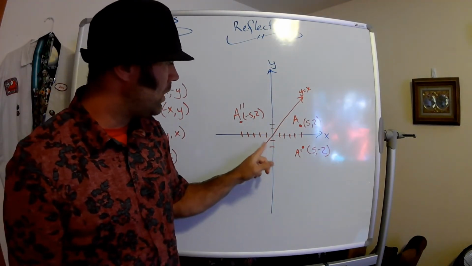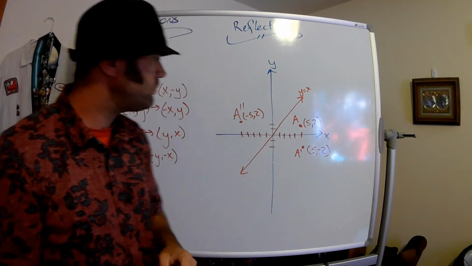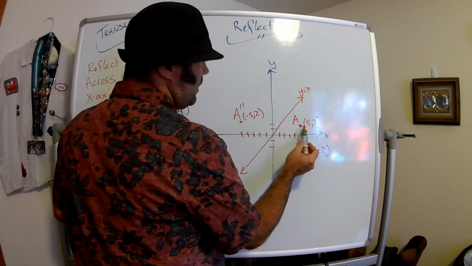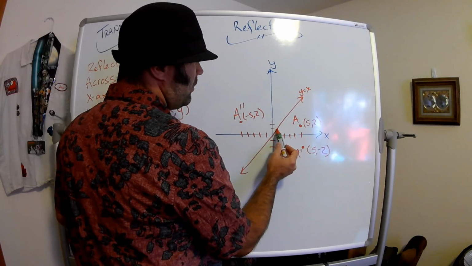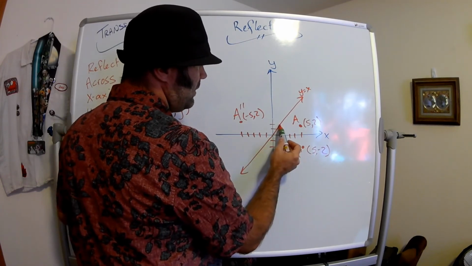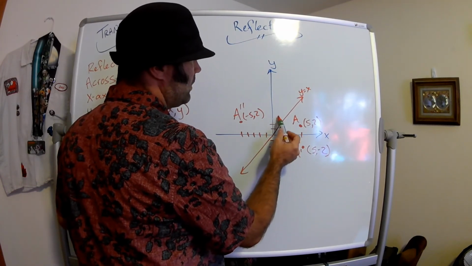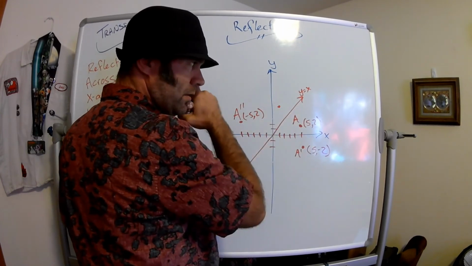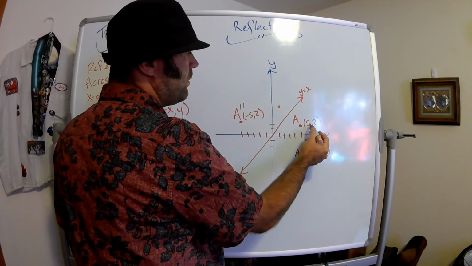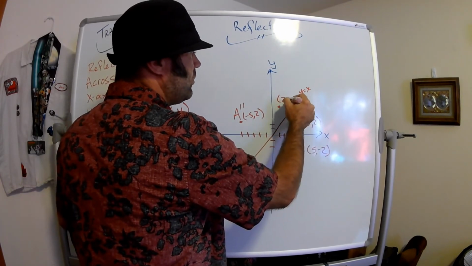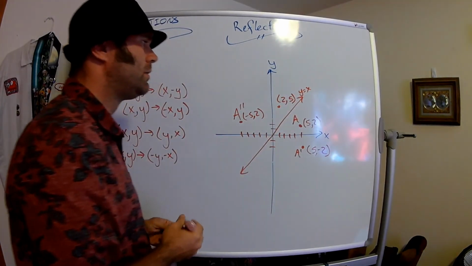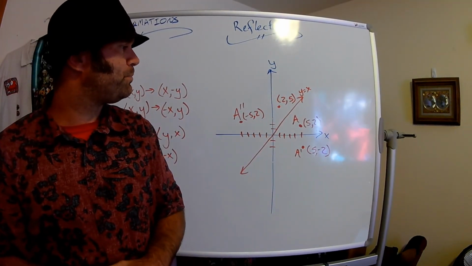Okay? Or down 1, left 1, down 1, left 1. So to reflect A, we could go left 3 to get here, and then we would go up 3. Left 3, up 3. So left 3 from 5 is 2, and up 3 from 2 is 5. So left 3, up 3.